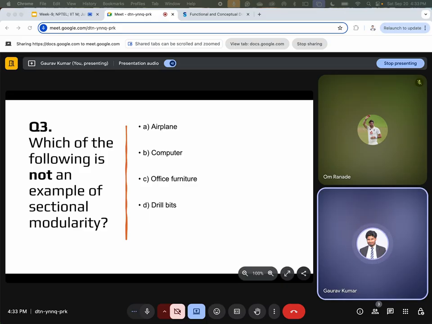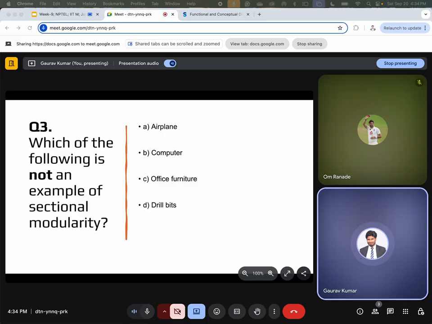So basically, sectional modularity describes products where standardized units can be connected or disconnected easily, like office furniture, computers, or drill bits. These products can expand, shrink, or reconfigure without major redesign.